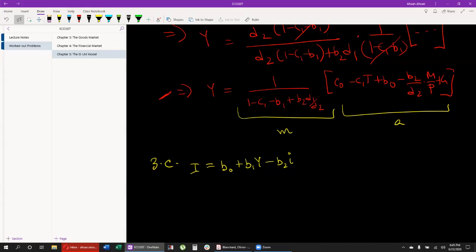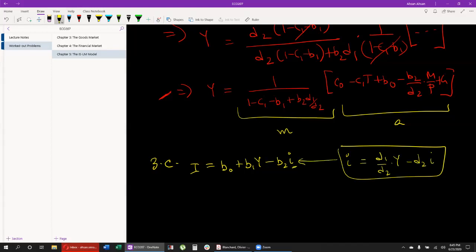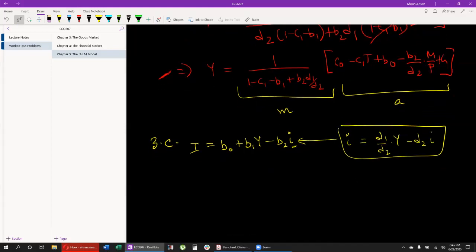Okay, and what we also know is that I, interest rate, is equal to, how much was it? D1 by D2 times Y minus D2I. So what if we plug this value right here into this value of Y?